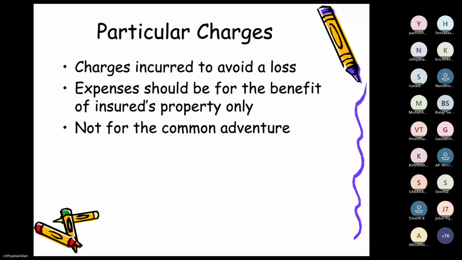Suppose a cargo worth 1 crore is on transit. On the way, some losses started. To avoid the loss, to minimize the loss, some sue and labor is spent. 20 lakhs is spent on sue and labor charges to minimize the loss to a particular cargo. And again, it is on transit.